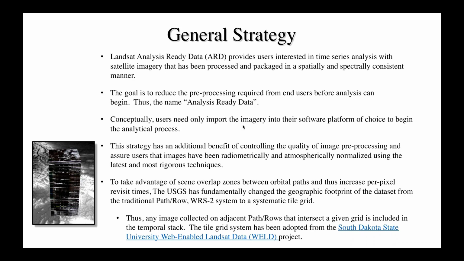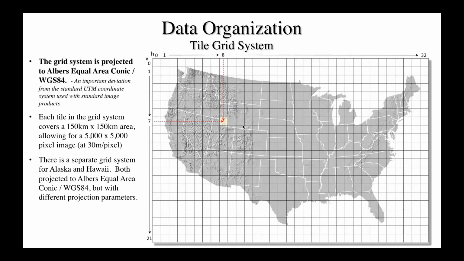So here's the grid. This grid covers the lower 48. There's a separate grid for Alaska and Hawaii each. So if you live in any one of those states or are interested in working in those states, then there's a different grid for that state, but they're projected to the same projection, an Albers equal area conic WGS84, which matches the WELD product.